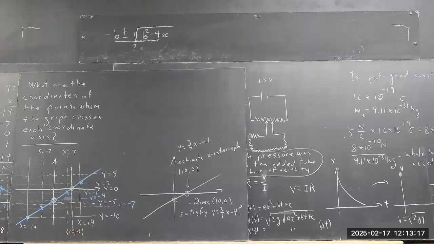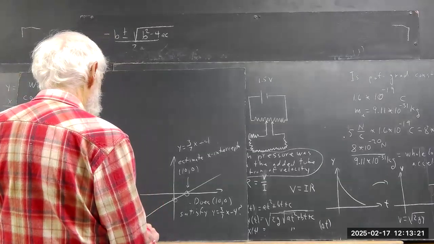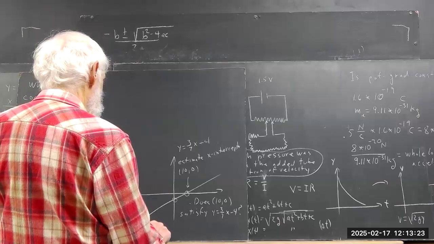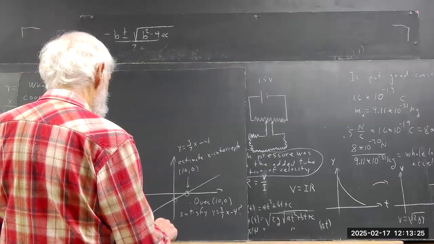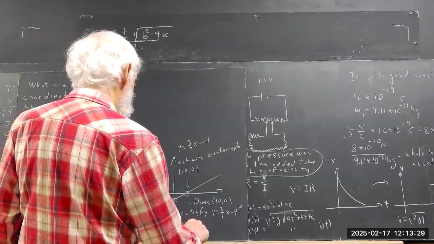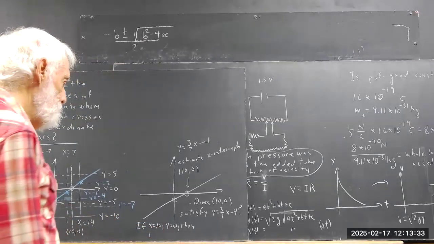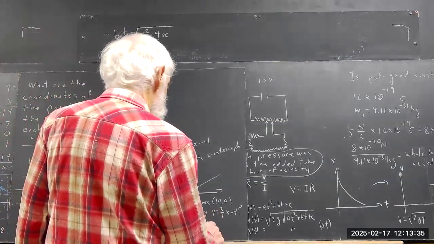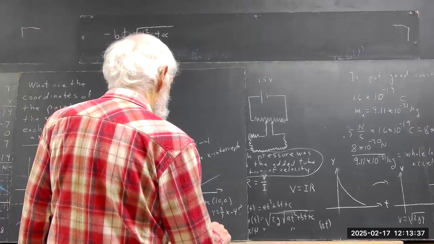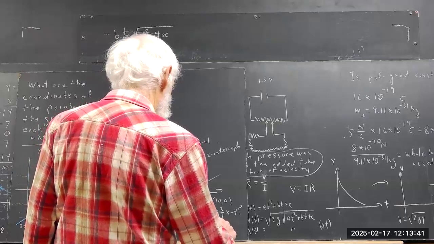Well, x equals 10 when y equals 0, then if y is 0, we're going to put 0 in for y. And if x is 10, we're going to put 10 in for x.